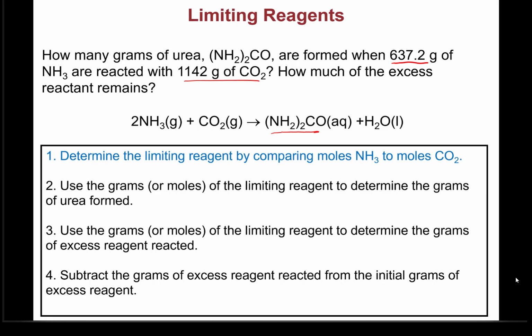So we convert grams to moles, compare moles to find out which one is the limiting reagent, then use moles of the limiting reagent to determine moles or grams of the urea that will form, which will answer our first part of the question, and then subtract the grams of the excess reagent calculated according to the amount of limiting reagent from the initial grams of that excess reagent. Let's see how that works.